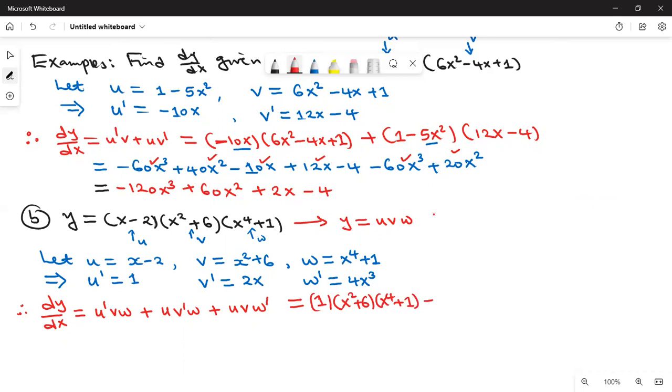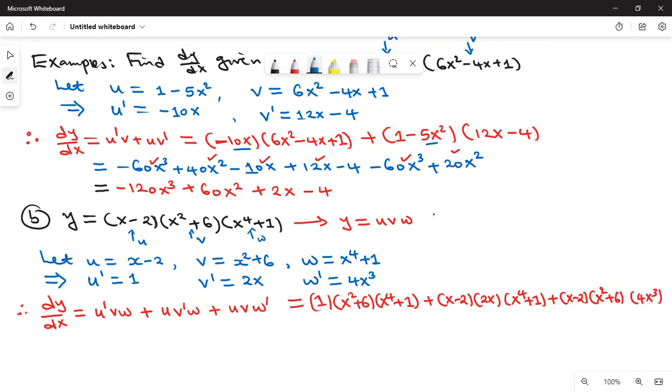Now we are adding u is x minus 2, v prime we got 2x, w is x raised to 4 plus 1. And lastly, u is x minus 2, v is x squared plus 6, and w prime is 4x cubed.